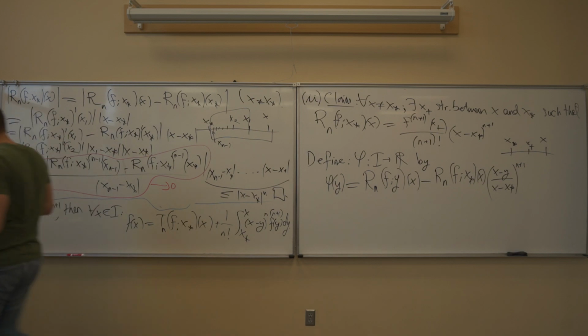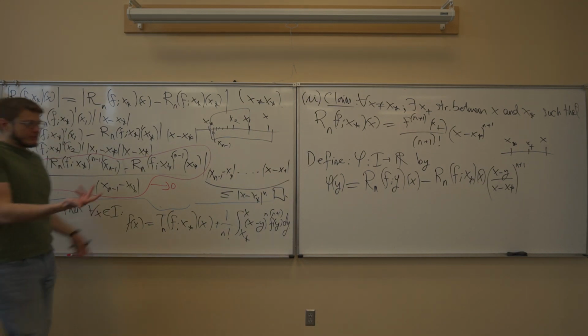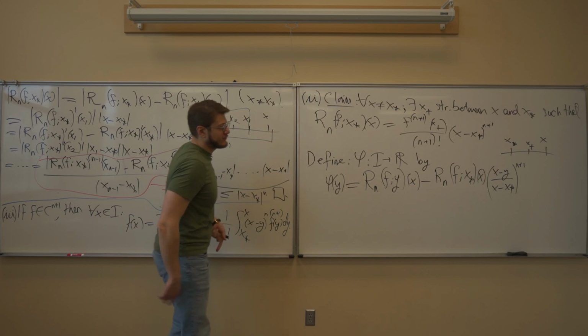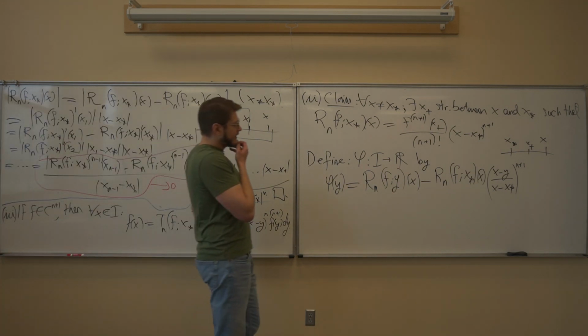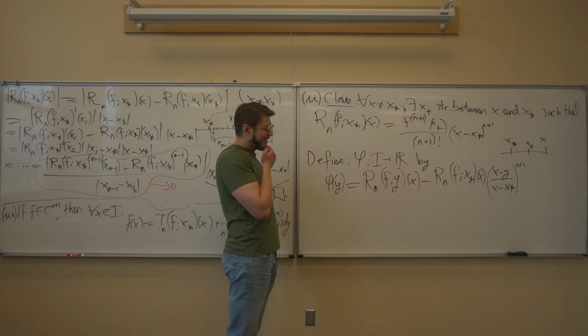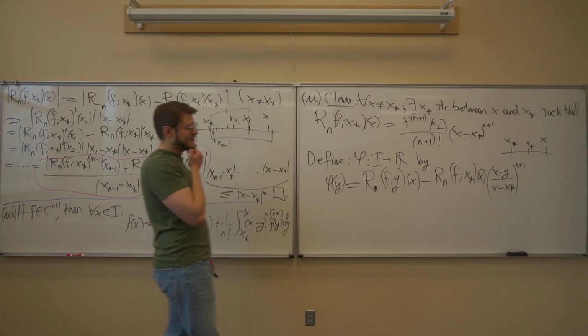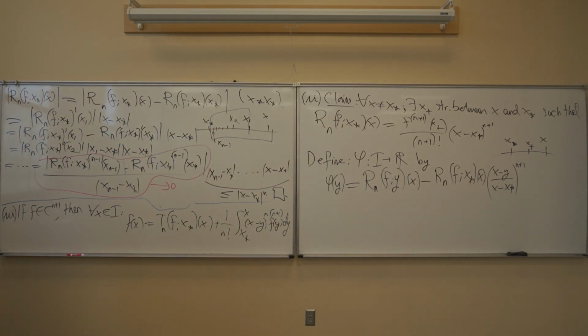Okay. Now, of course, x and x star too are variables here, and if you want, you can think of the partial derivatives of this expression, but since this is a single variable class, we're just pretending that we don't know these things. Let me just double check that I wrote the correct thing. Yes. Now I'm going to leave it to you to verify that phi of x and phi of x star are 0.